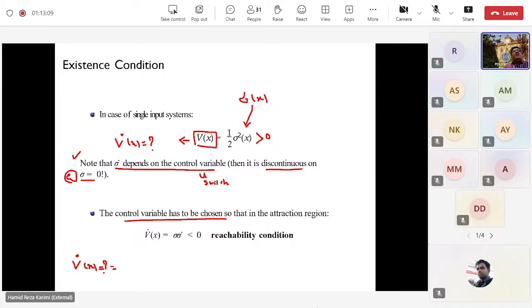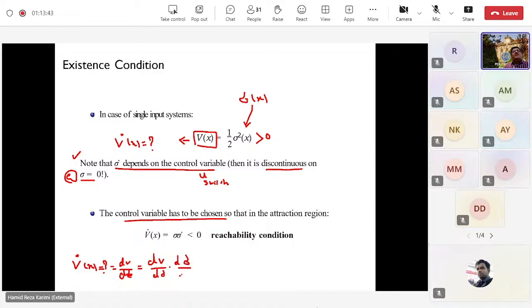So V dot(x) is dV over dt, right? But because your function V(x) depends on sigma(x), you can say that dV over dt is equal to dV with respect to d sigma multiplied by d sigma over dt.